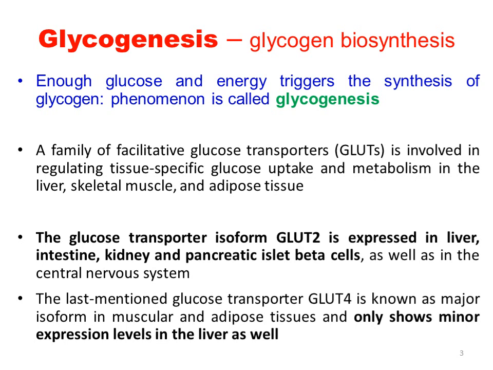The glucose transporter isoform GLUT2 is expressed in the liver, intestine, kidney, and pancreatic islet beta cells, as well as in the central nervous system. GLUT4 is known as the major isoform in muscular and adipose tissues and shows only minor expression levels in the liver.